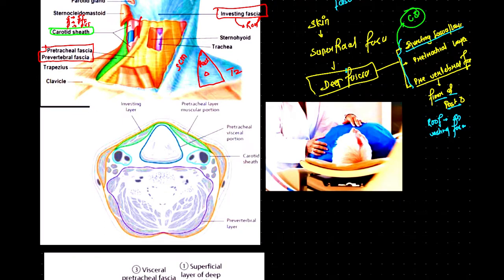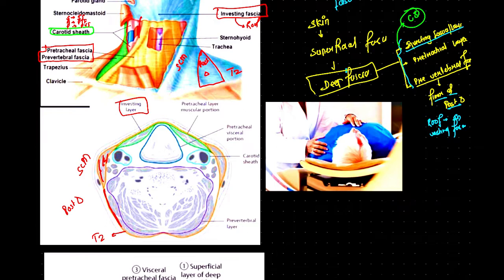So the investing layer, the most superficial layer, is enclosing the sternocleidomastoid muscle and the trapezius muscle, and doing that, it is forming the roof of our posterior triangle. So this was about some of the important features of our investing layer.